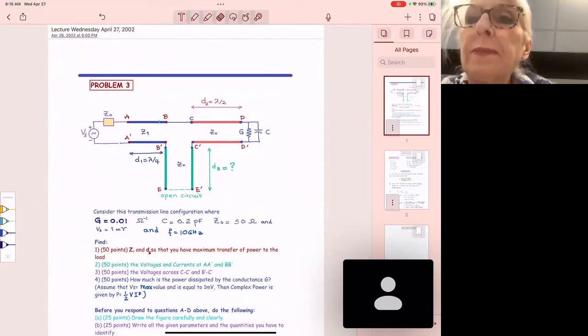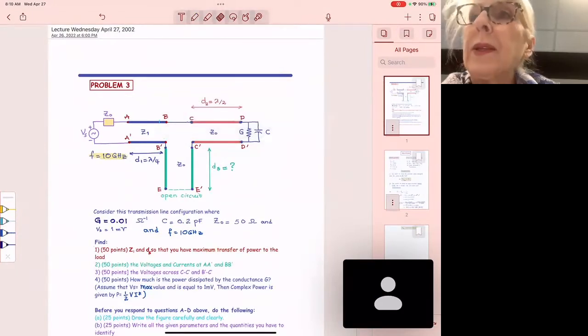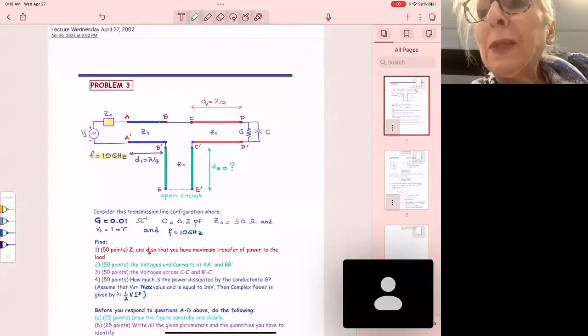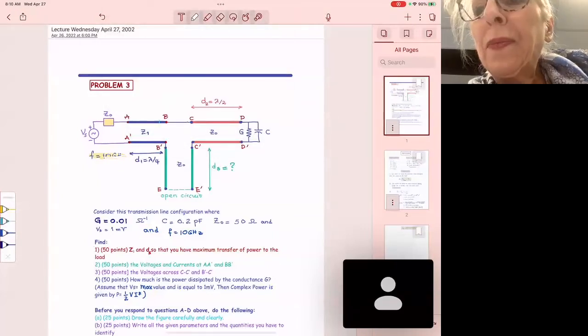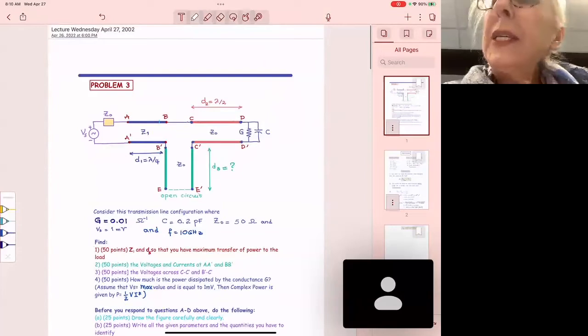So here, I erased multiple things. So let me see. So I have to add here. I remove that frequency because I have it below. I have to add here this impedance.